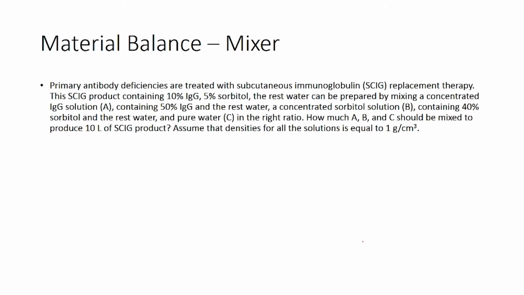So let us first start with IgG. When we write the IgG balance, we would have 0.5 times A is equal to 0.1 times the product, which is 10.